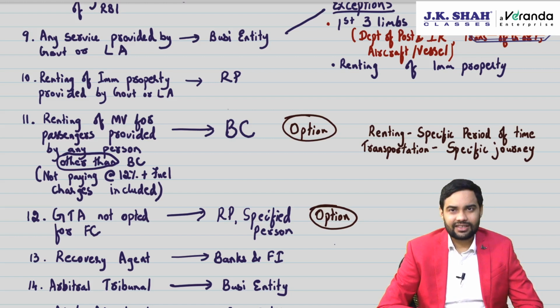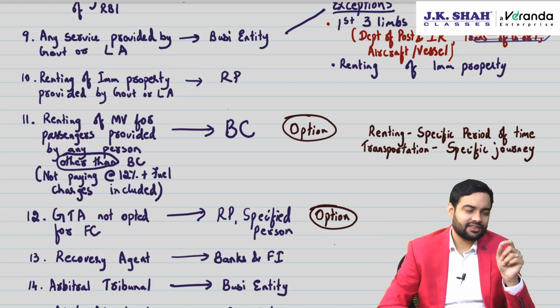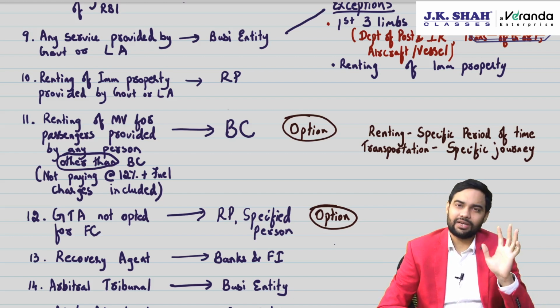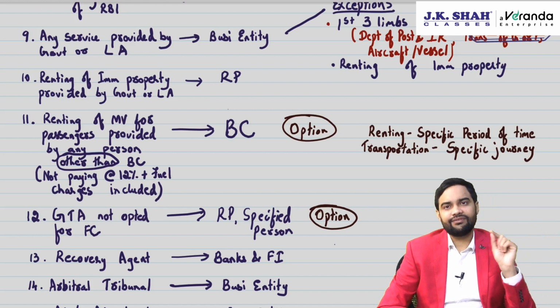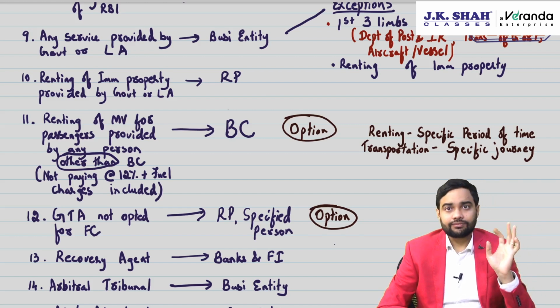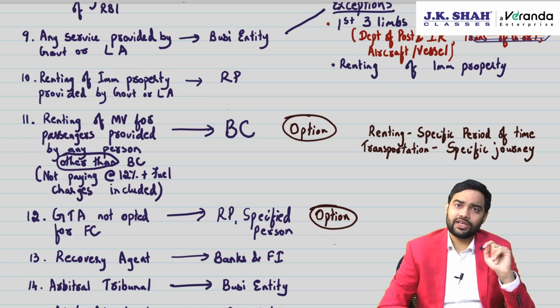So there was a circular where some companies are taking a bus, and there is a specific contract saying that the bus has to come at this time, pick up all the employees and drop them to their home. Specific journey is available and the contract clearly provides for the journey.